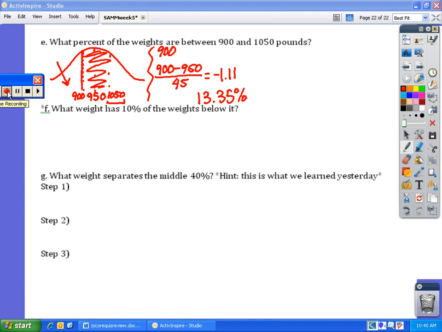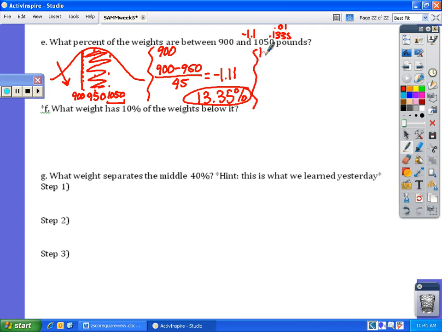The first thing I did was find the z-score that corresponds to 900. I did 900 minus 950 divided by 45 and found I got negative 1.11. On my z-score table, I matched up negative 1.1 with the hundredths column, 0.01, and found the number 0.1335, or 13.35%.